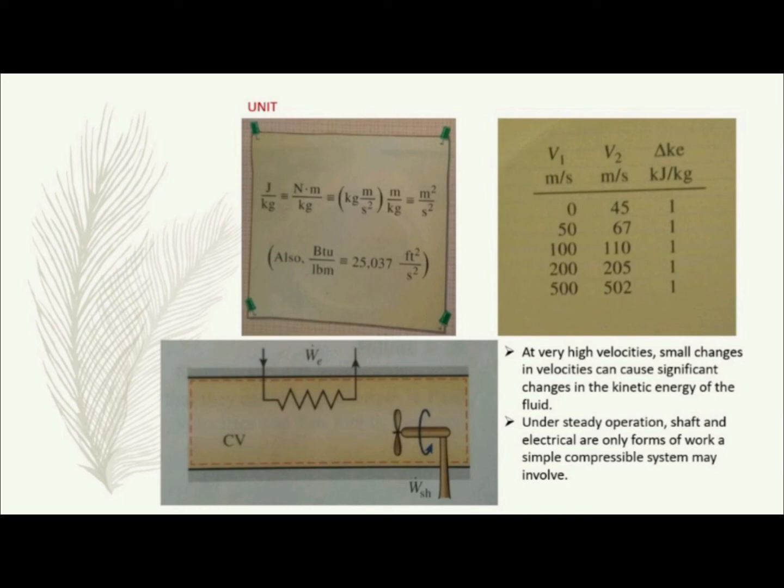We is the electrical work done and Wsh is the shaft work done. The units meter squared per second squared and joule per kilogram are equivalent.